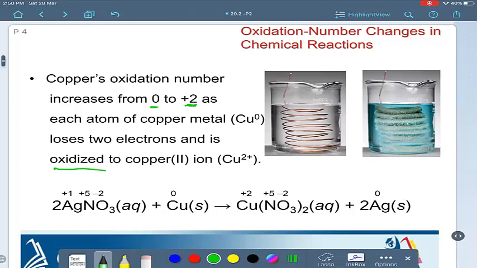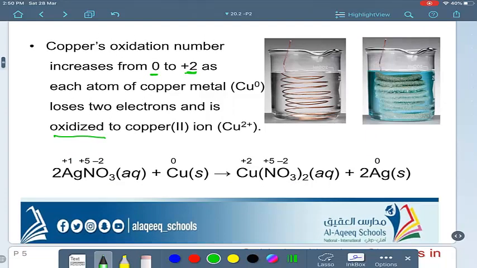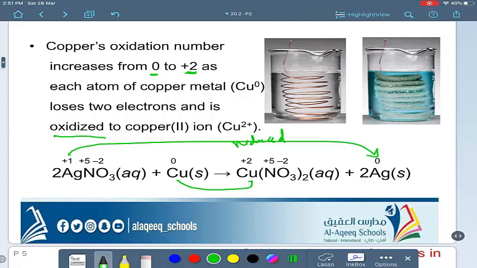But what about other elements in the reaction? Look, we said that Ag changes from positive 1 to 0, so it's reduced. Copper is changing from 0 to positive 2. The oxidation number increases, so it's oxidized. We can say this reaction is a redox reaction.